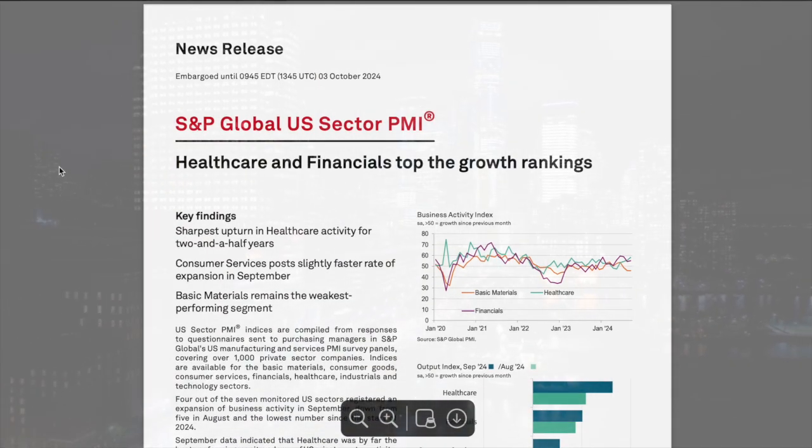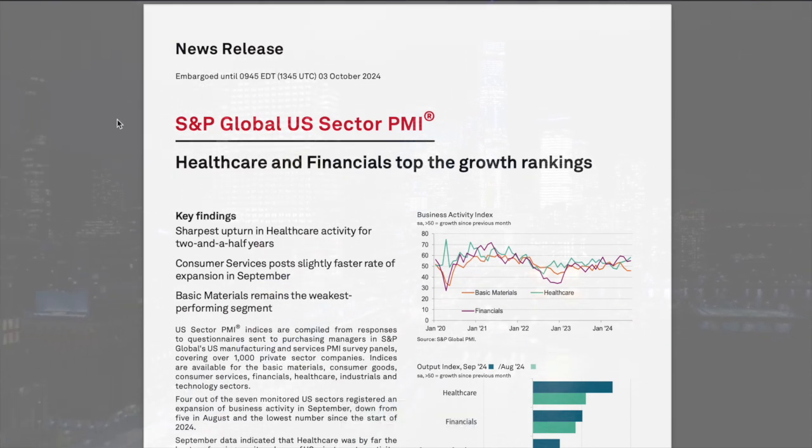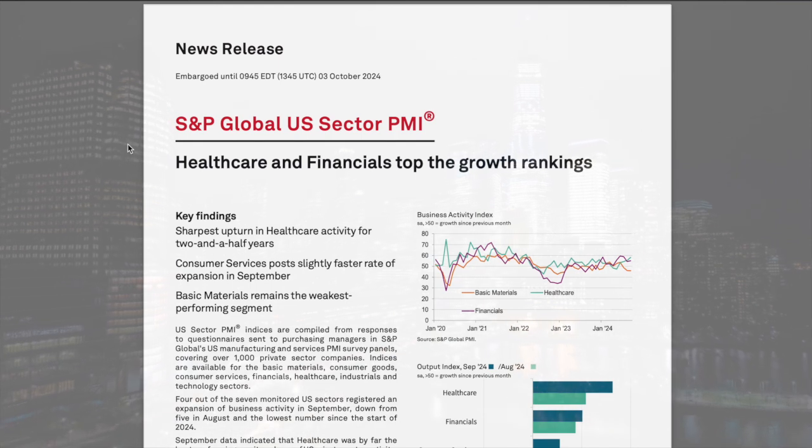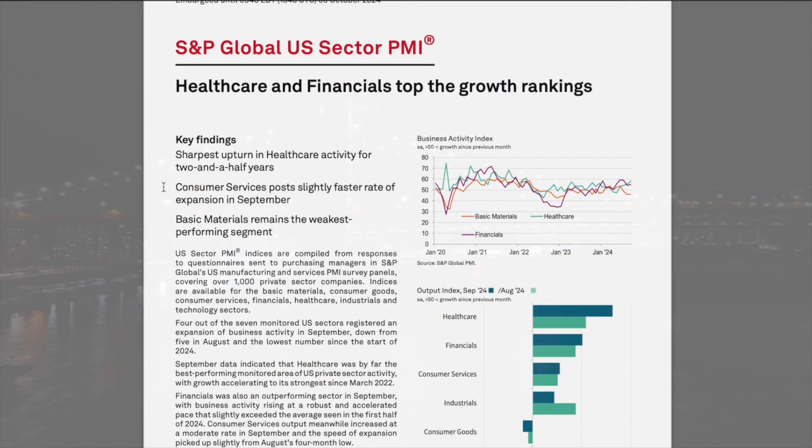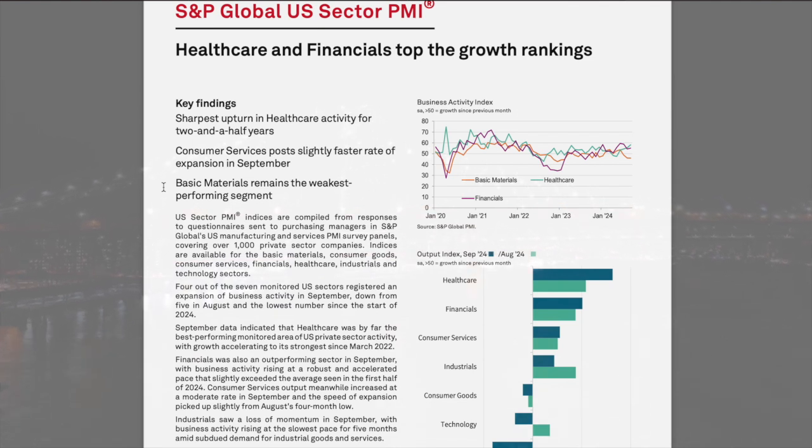This is the US report that was published today. That's for the month of September. Of course, we're the 3rd of October. And they not only have the aggregate PMI for the super sector like manufacturing or services, but they also actually go deeper and give you the rankings in terms of the sector itself.